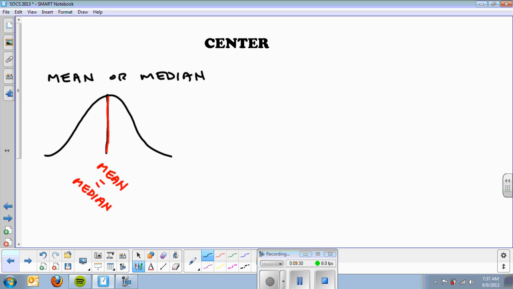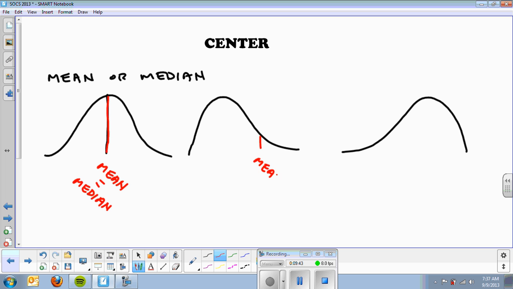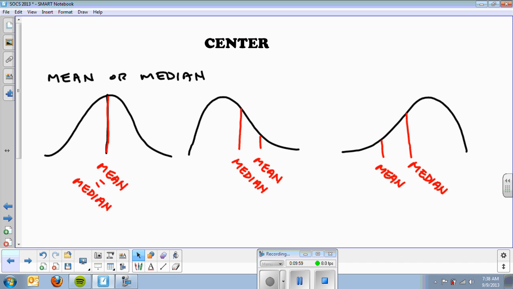The other two types of data you have are skewed right and skewed left. In this case, the mean always gets pulled towards the tail, and the median remains in the middle. So in this case, the median is less than the mean, and in this case, the median is greater than the mean.